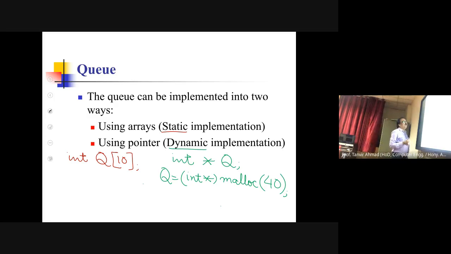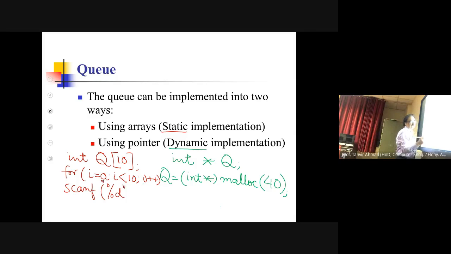Now, if I'm using a for loop over here, you can write like this. Correct?